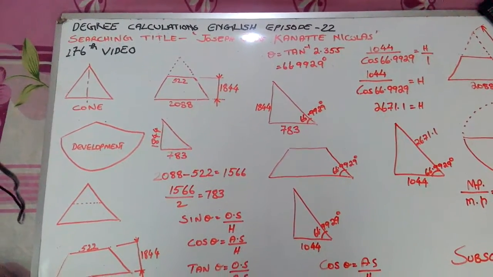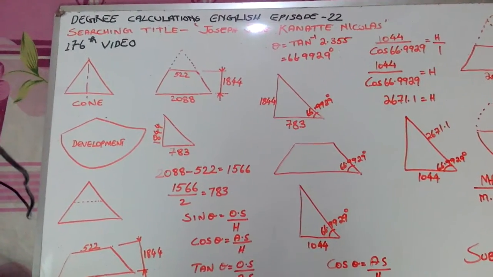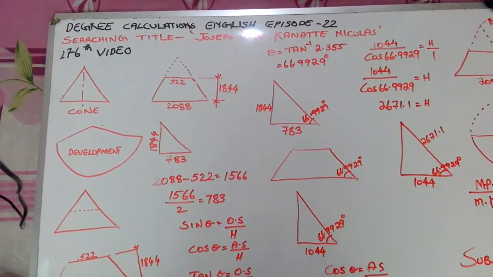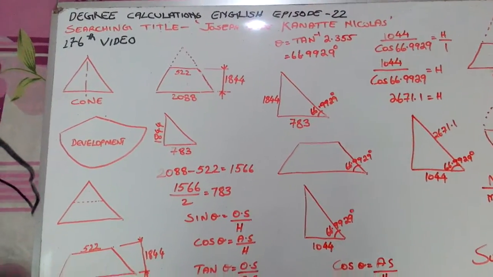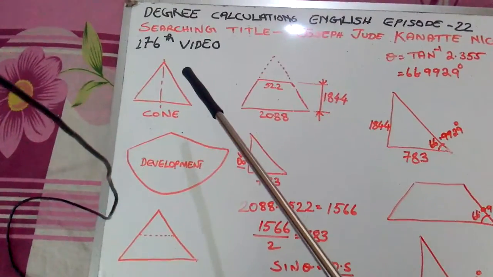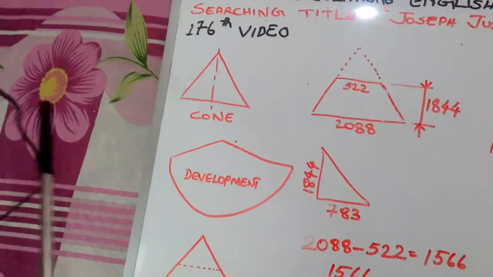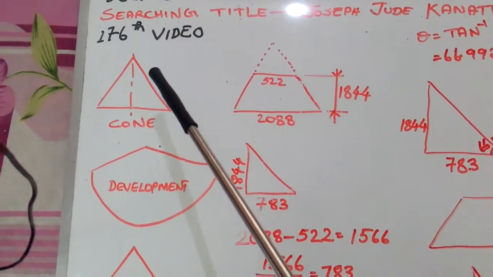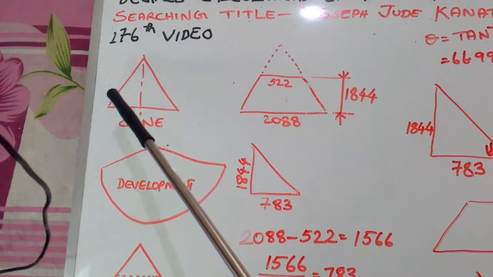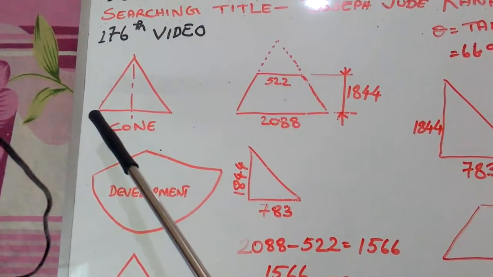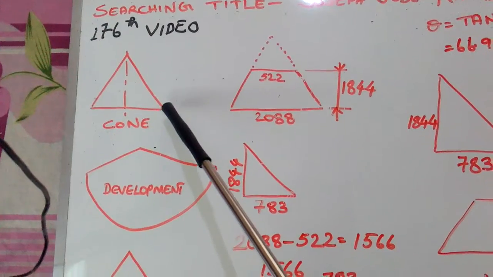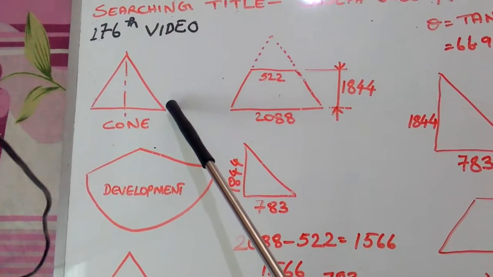In the last few episodes we were studying how to develop different types of cones. I have shown one cone here. This is the structure of a cone. After bending and rolling, the cone has become this shape.